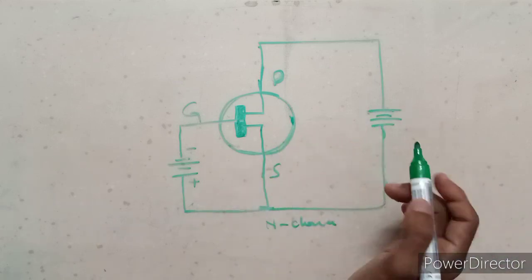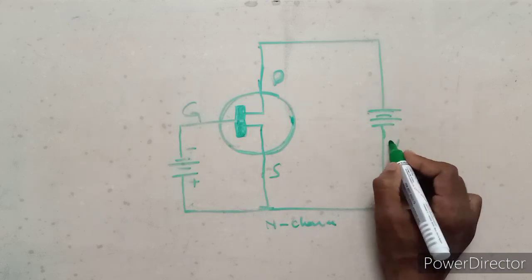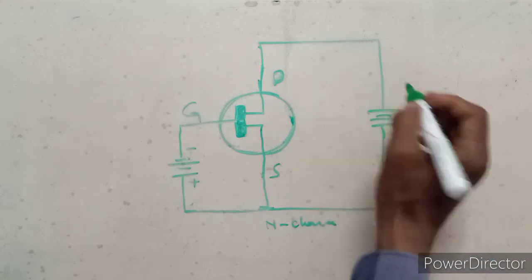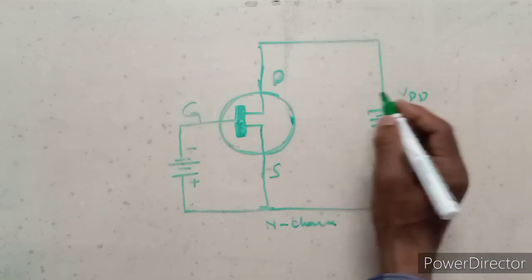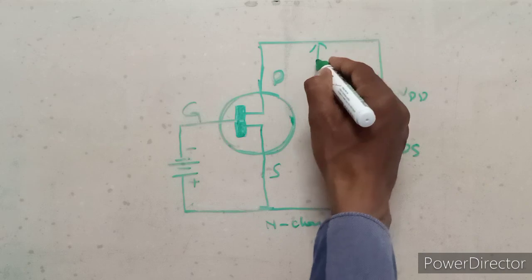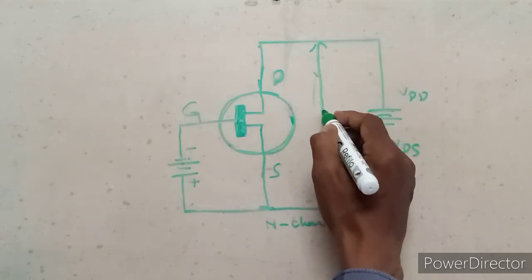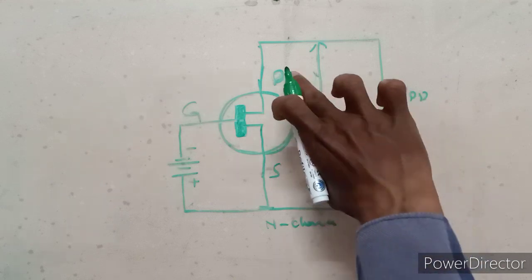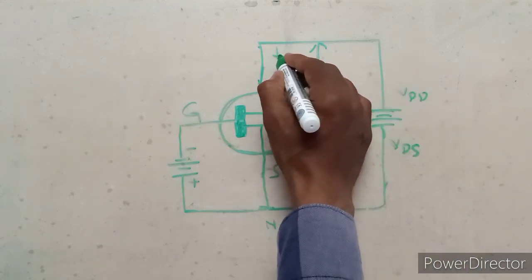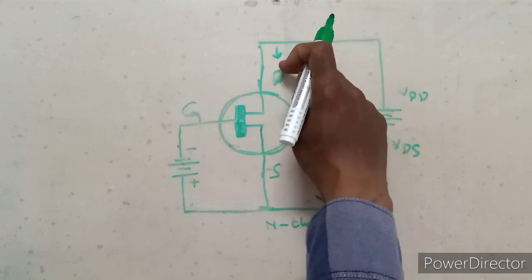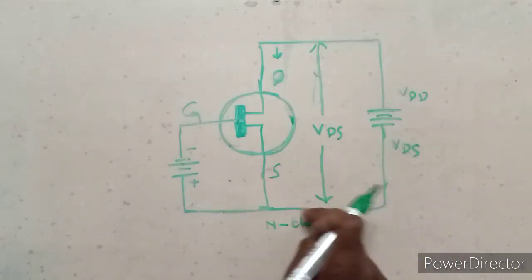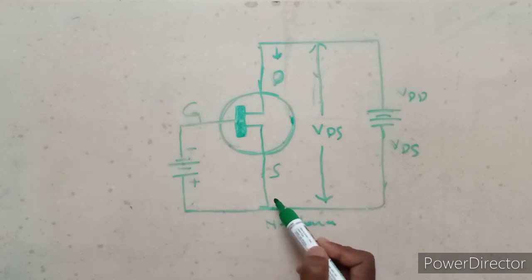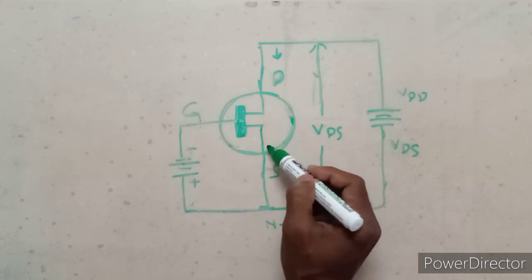This is VDD, the voltage across VDS, between drain and source. The electrons flow from source to drain.